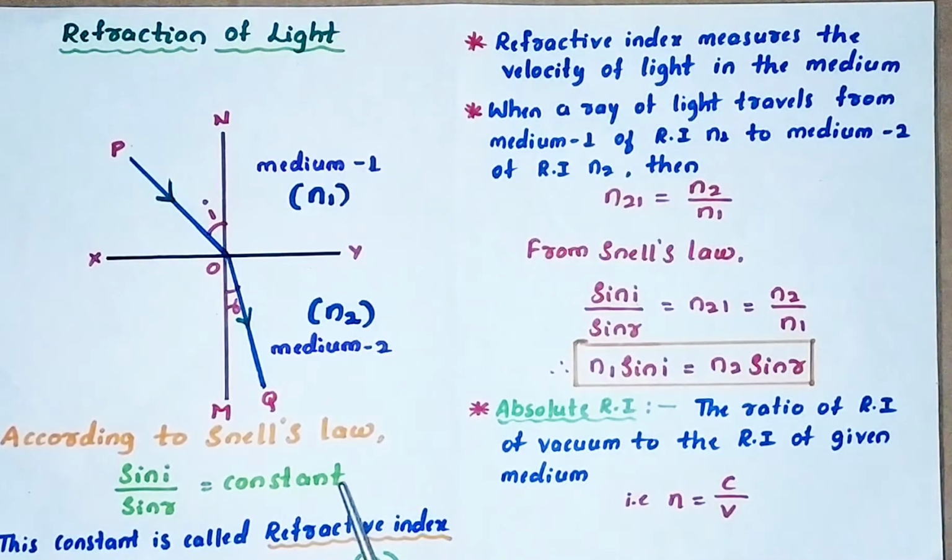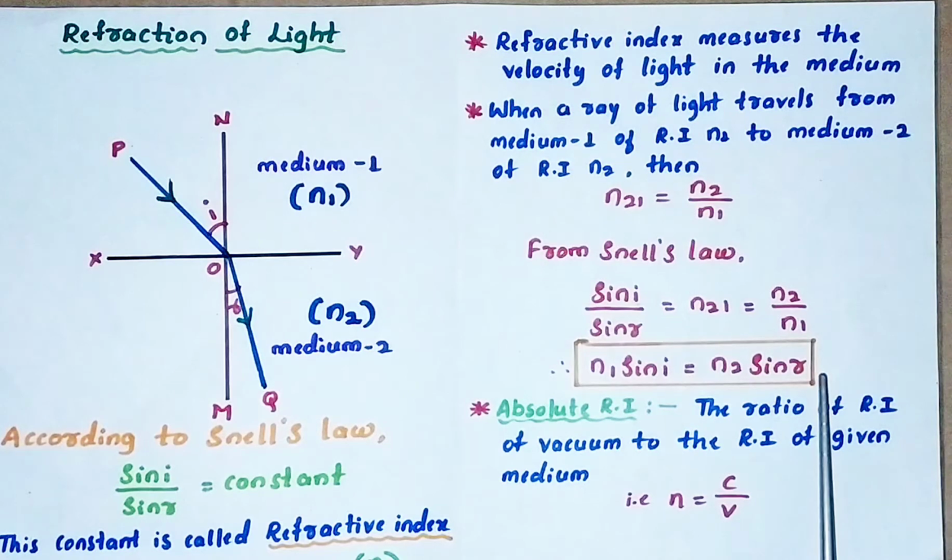This constant is called refractive index. Refractive index is denoted by n, and what does it measure? It measures speed of light in the given medium. And which is the generalized Snell's equation? n1 sin I equal to n2 sin R. So this is all about the two laws of refraction of light.